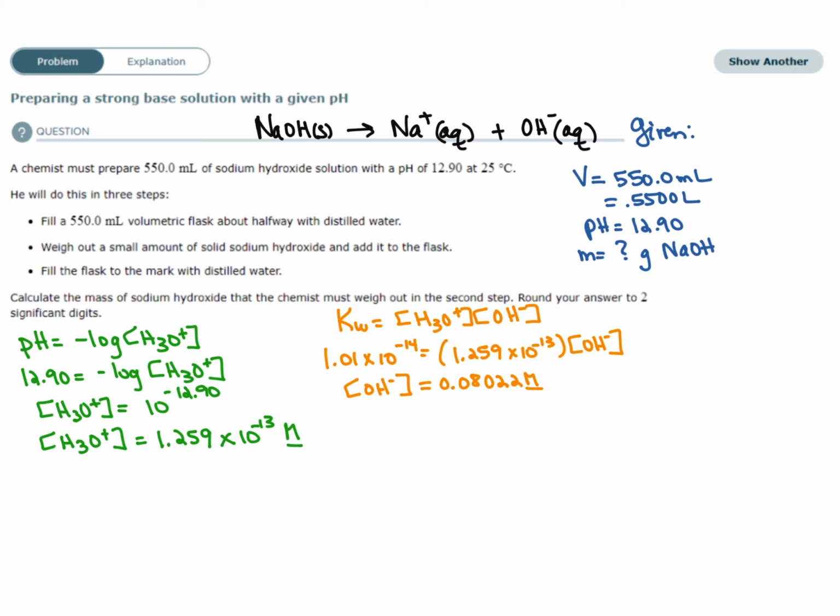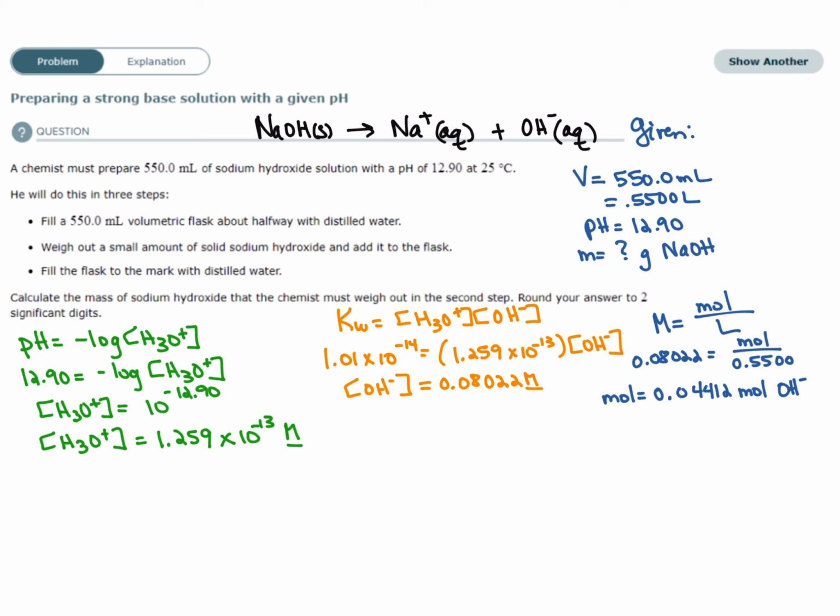Now that I have concentration, I want to remind myself that concentration is just molarity, which is moles of solute over liters of solution. And now I can solve for the moles of hydroxide.